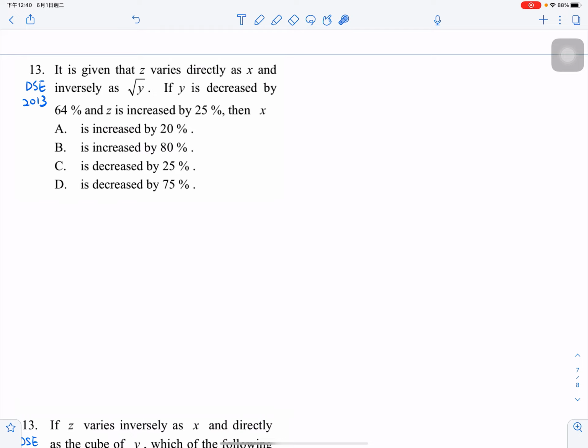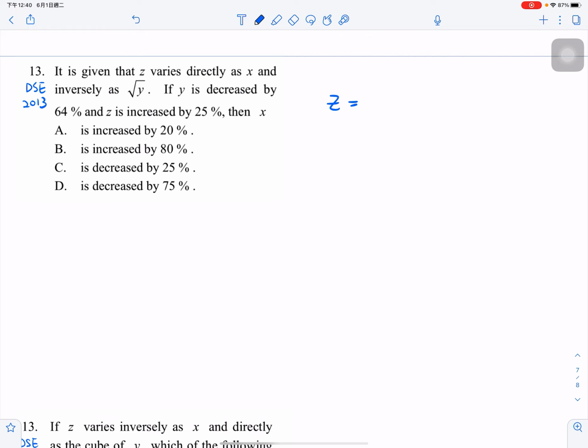If y is decreased by 64% and z increased by 25%, then what is x change? 好，先寫咗 z 同佢哋嘅關係先啦。Directly as x and inversely as square root y，that means z equals k x over square root y 就係咁樣啦。呢個係 initial z。OK，好啦，佢而家有啲咩改變呢？y 細咗。所以個 new z 呢 k 乘以乜嘢呢？1 plus 64% of x, right？咁另外嗰個呢，另外嗰個係 increase 定 decrease 啊？Yeah, z decrease.